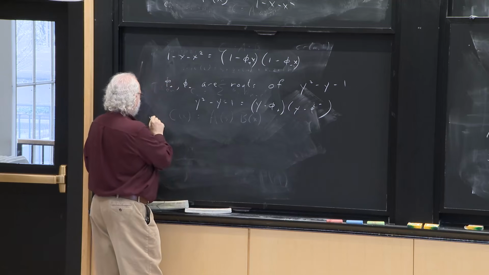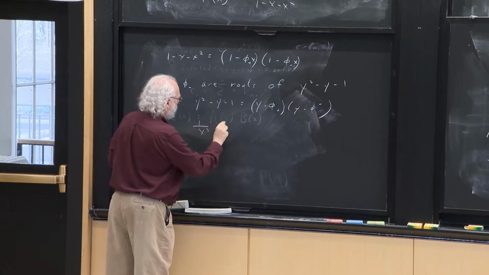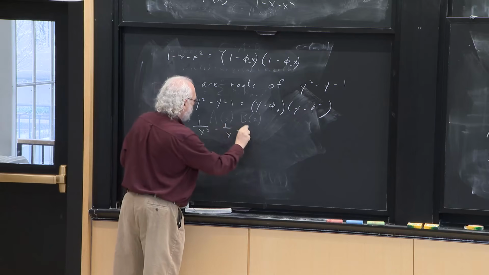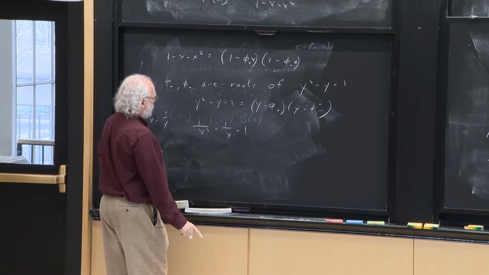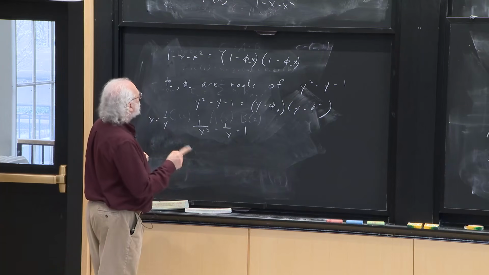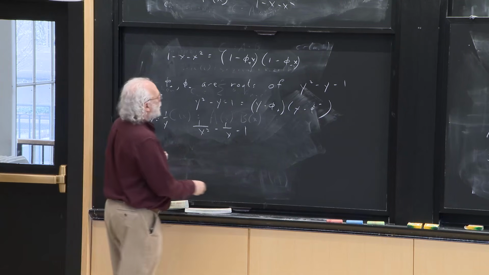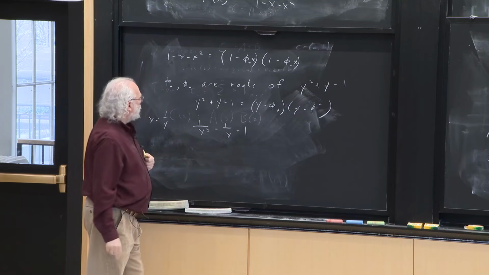And let's let x equal 1 over y, so 1 over x squared minus 1 over x minus 1. Y squared plus y minus 1. Y squared plus y minus 1.